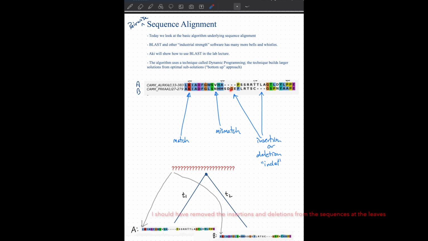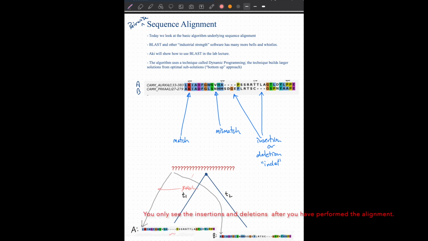We don't know, right? All we know is that somewhere along the evolution from the root to A and the root to B, if it was on this side, let's say here, those amino acids would have been lost on the way to A, right? I can write that out here. So somewhere in here, these four amino acids were kicked out of A, and that's why we have a gap.